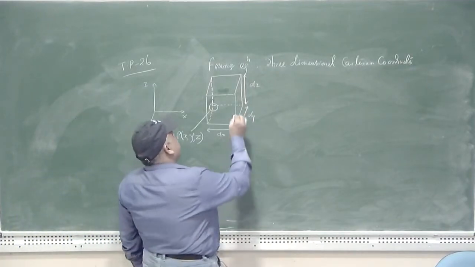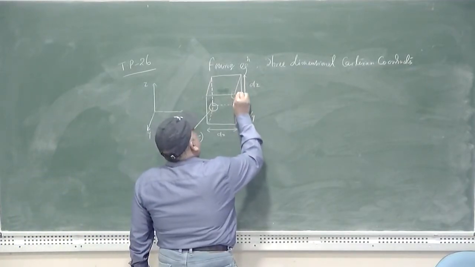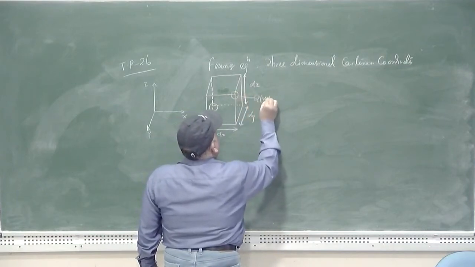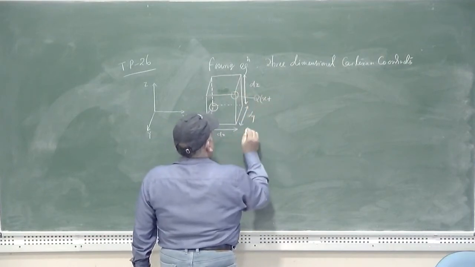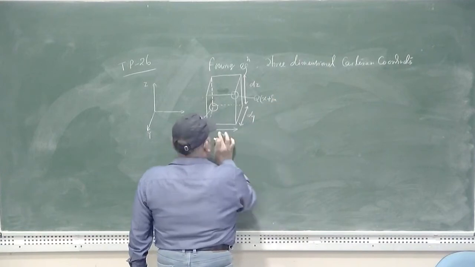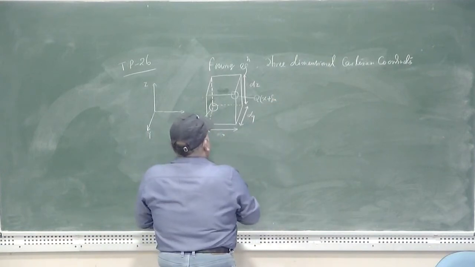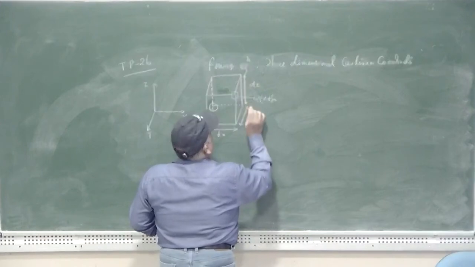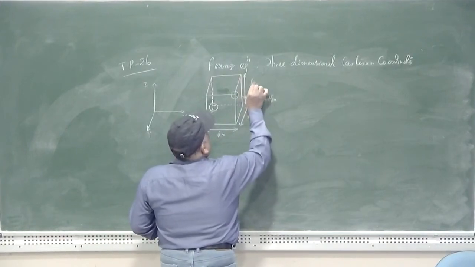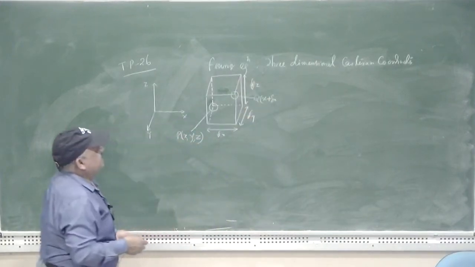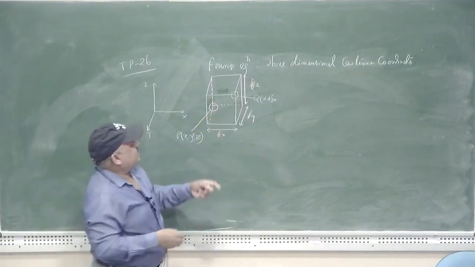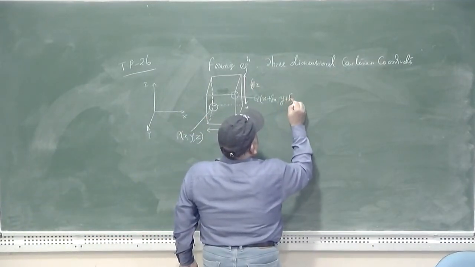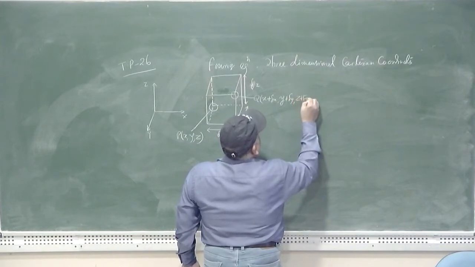Let us suppose another point, Q, having coordinates x plus delta x, y plus delta y, z plus delta z. Better to write delta x, delta y, delta z, so that there is no confusion in the sign.